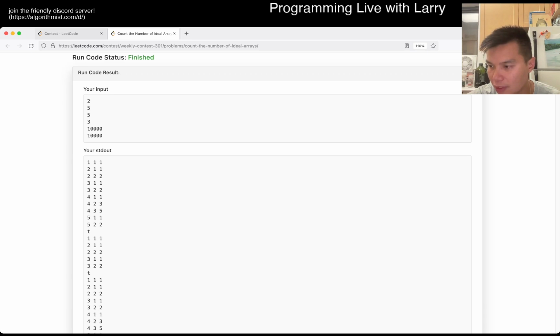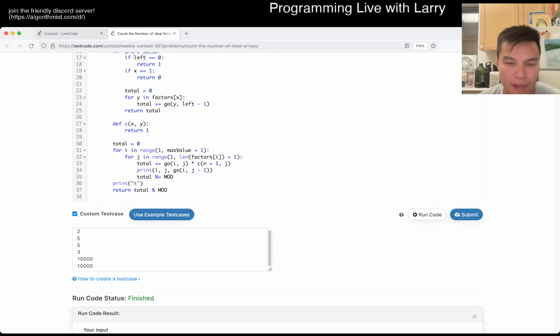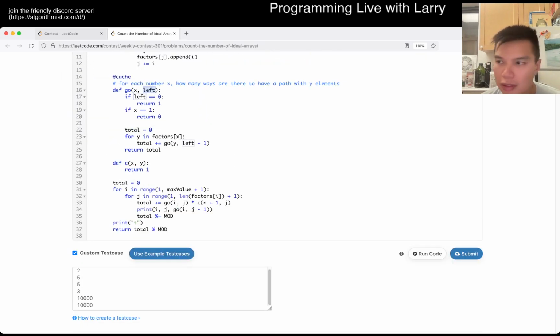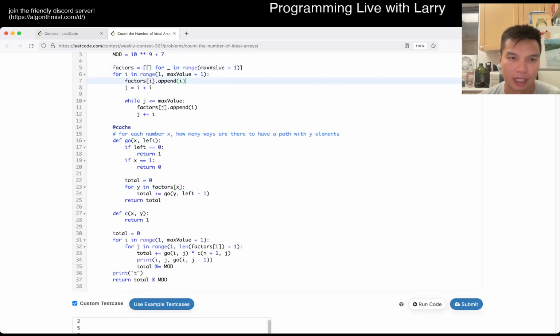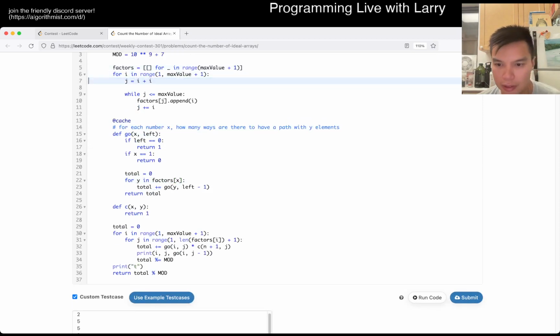And then 2 elements is 4, 2. So there's 2 ways. No, is there? No, there's only 1 way. Okay, 4, 2 is 1, but it's showing 3. Why is that? Because it includes itself. It should not include itself. That's why.